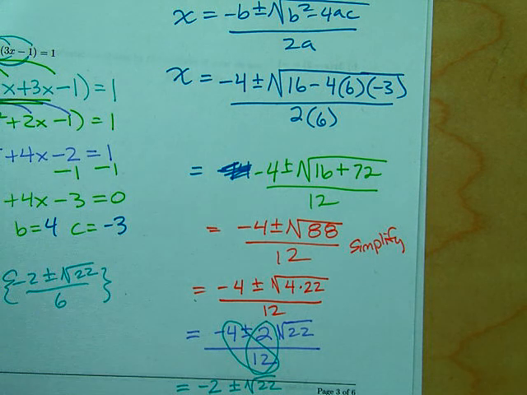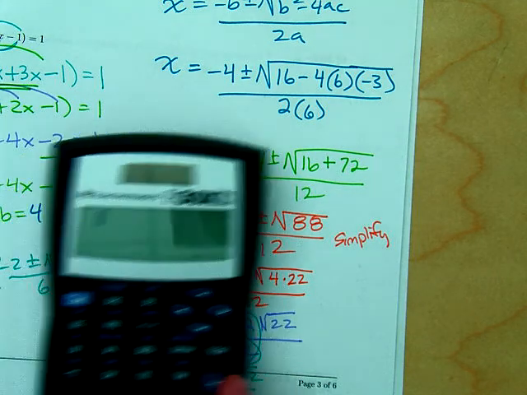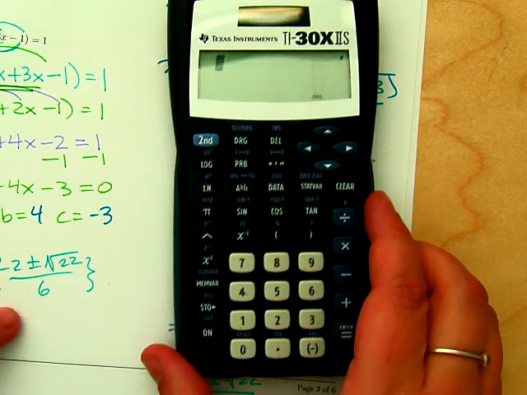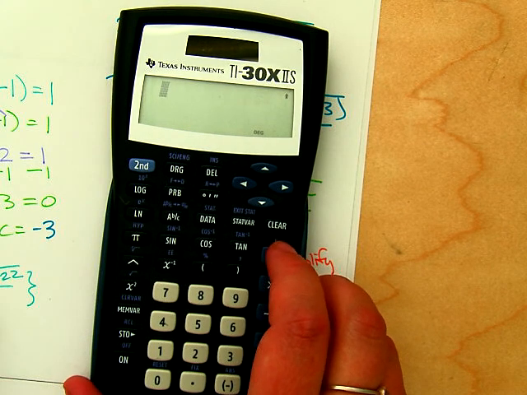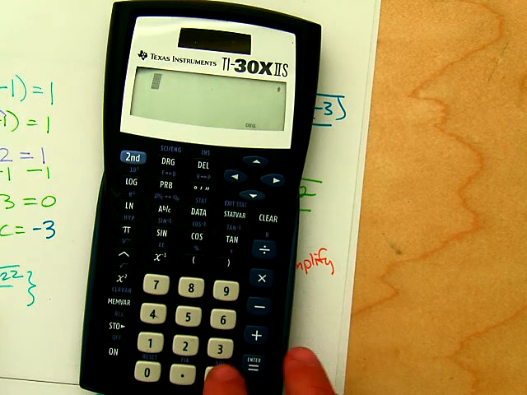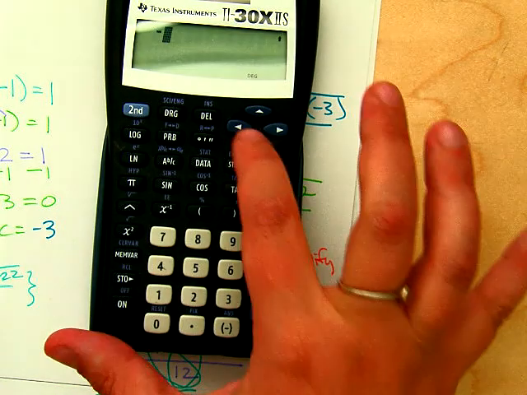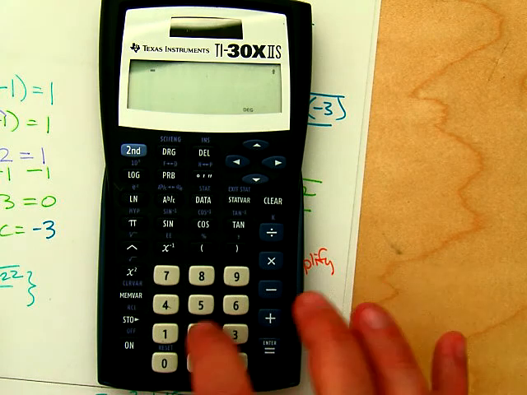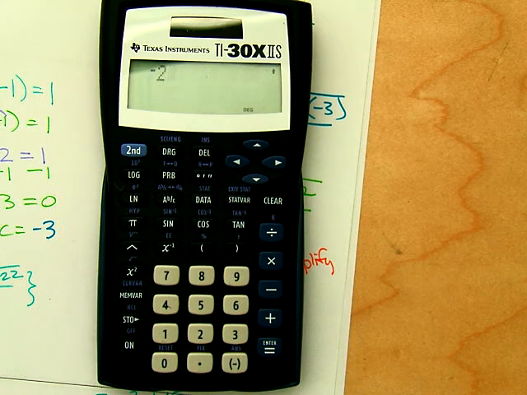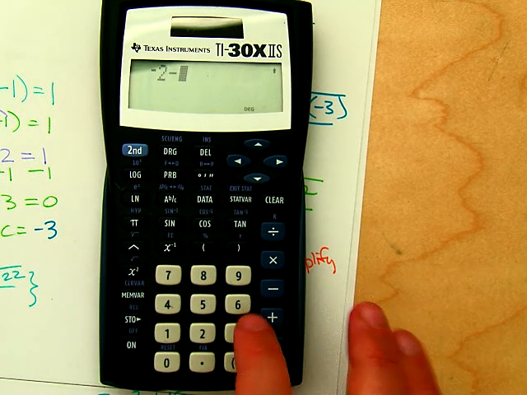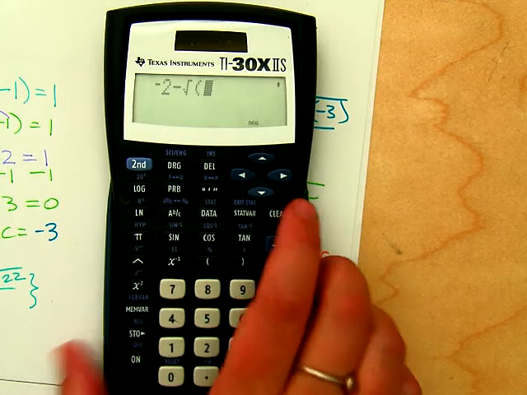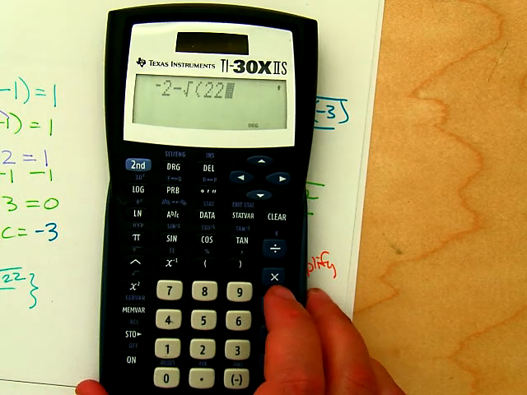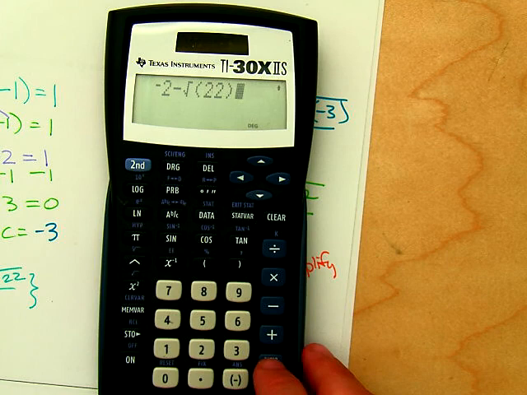Okay, so the way we would check it on this calculator, this one is a little different calculator here. I would take each one. Now you have to separate the plus and minus. There are 2 ways I could do it. Negative 2, I'm going to just use the negative one, minus square root of 22, close the parentheses.